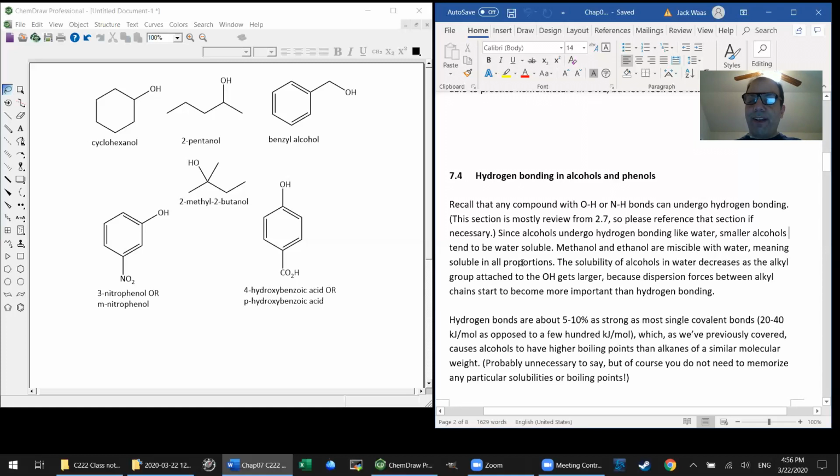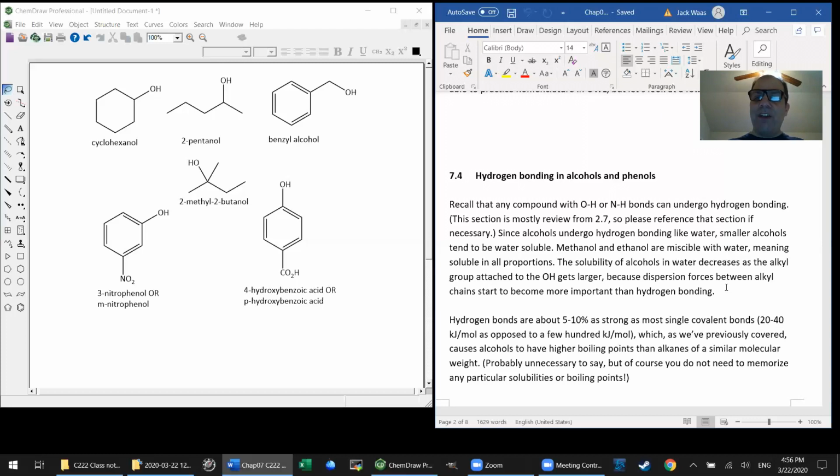As those alcohols get bigger, as you start getting into propanol and isopropanol and the butanols and the pentanols, as that alkyl group gets larger and larger, of course, then the molecule gets less and less polar overall, and so the solubility will go down. Of course, I would never expect you to memorize any particular solubilities.